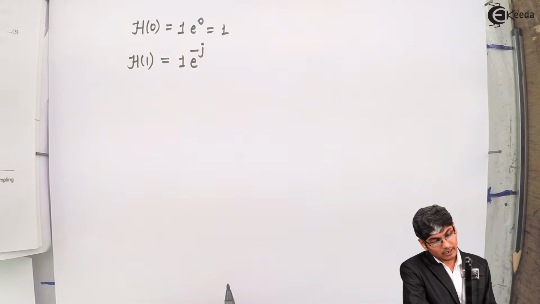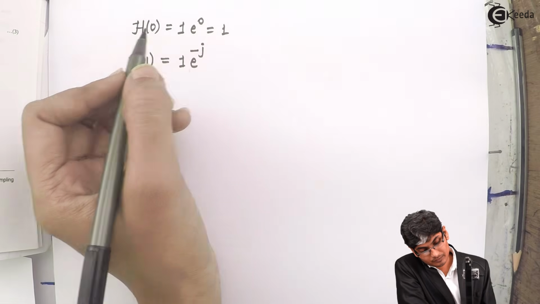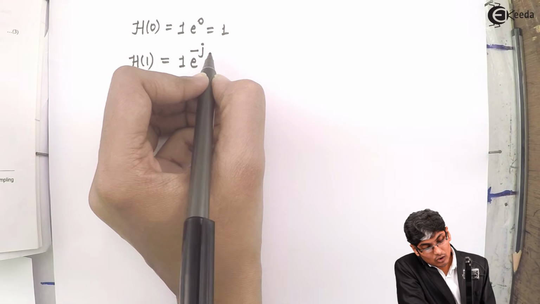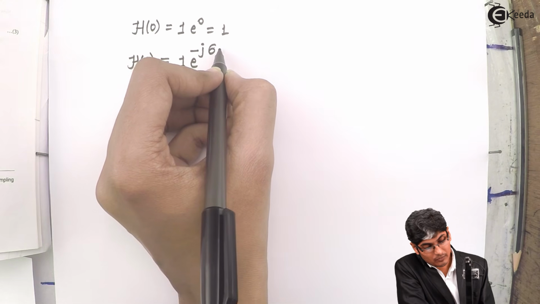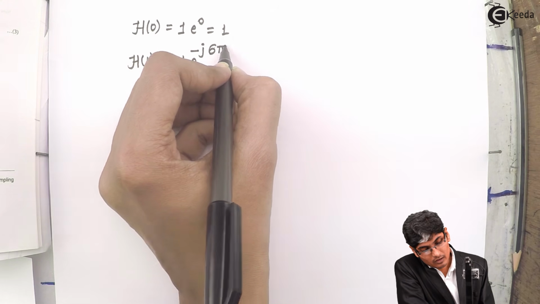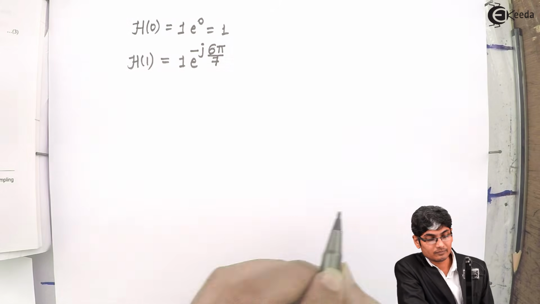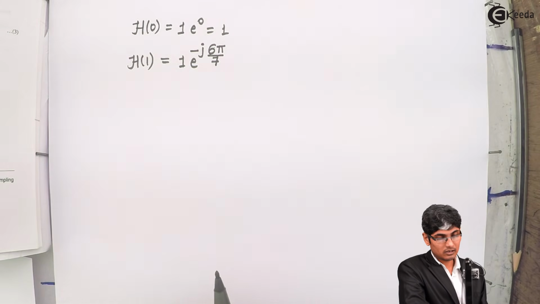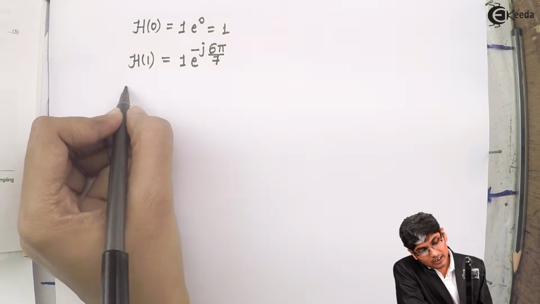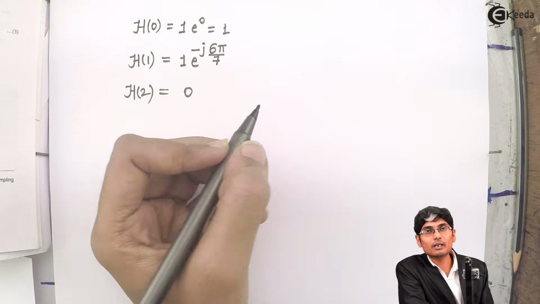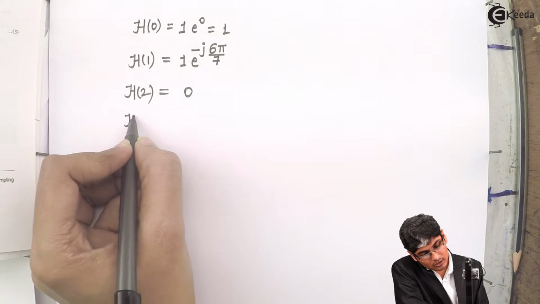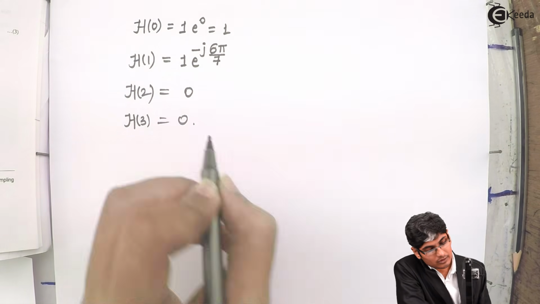E raised to minus j, 2 3s are 6, so 6 pi by 7, correct, because k is there over. And then h of 2 is equal to 0, and 0 multiplied by any number does not matter, and h of 3 also is equal to 0.